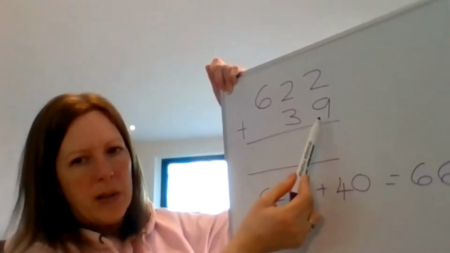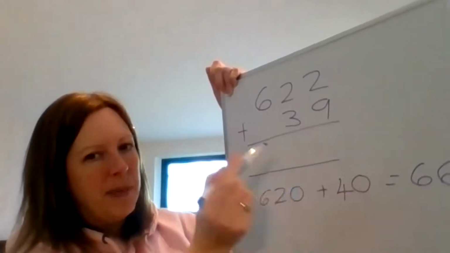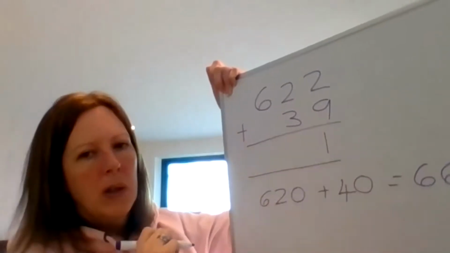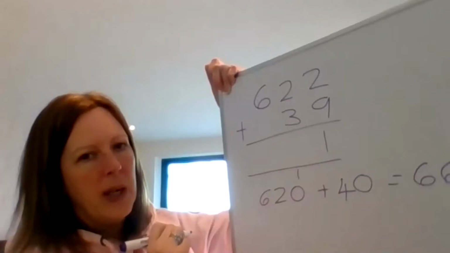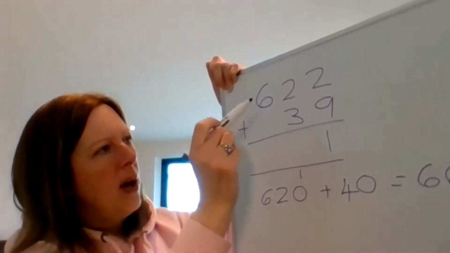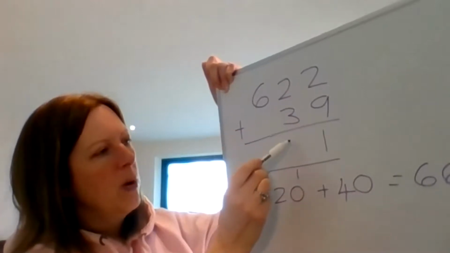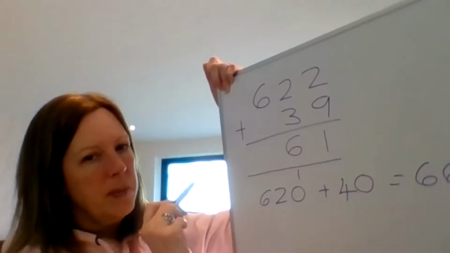2 add 9, or 9 add 2, is 11. So some carrying involved in this one, isn't there? Look, my 1 goes there and my 10 is going to go over here into my tens column. I've then got 2 and 3, which is 5, and that one is my 6. No carrying that time.